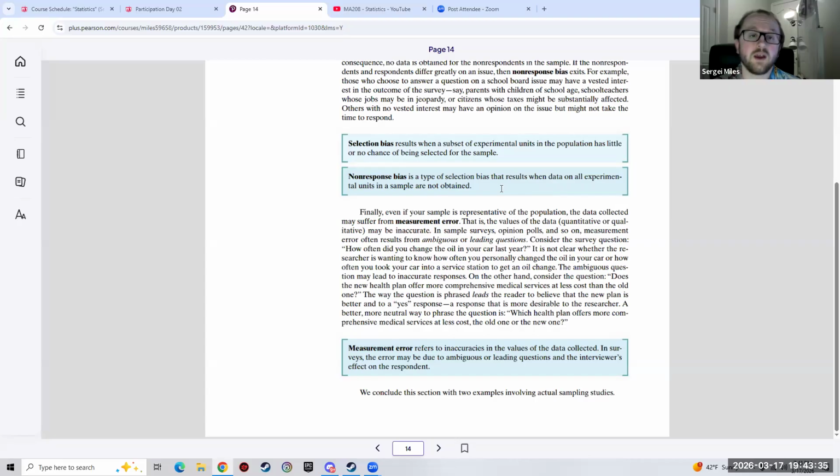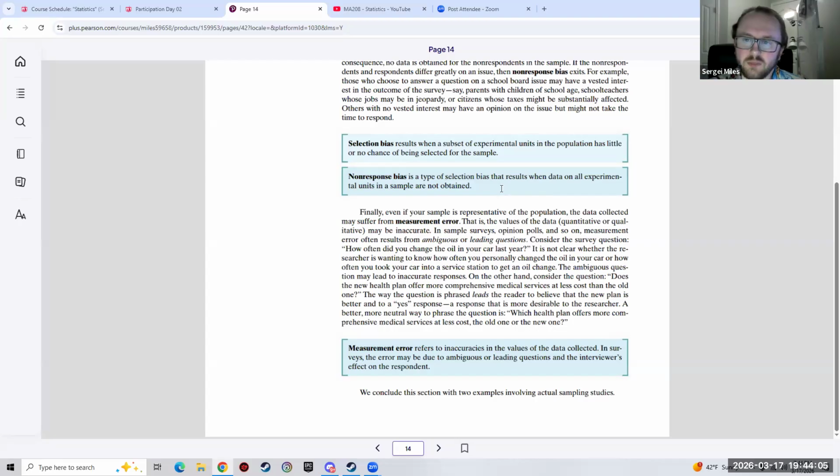Or maybe the people who do respond are super excited about the survey or whatever it's about, and because they're excited, they might be biased to answer the questions a certain way. In which case, while we have non-response from some groups, a response can also be a form of bias depending on what is going on with our survey. All right. That can be trickier to avoid.